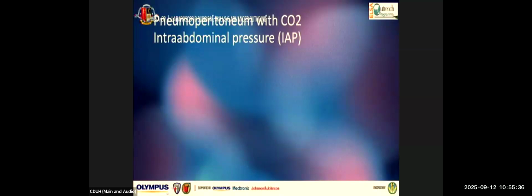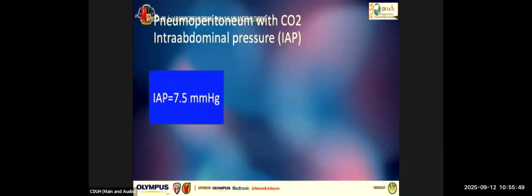So why CO2? CO2 is used for insufflation because it is easily absorbed and eliminated, and it is not combustible. Imagine if you use oxygen, the patient will explode, literally.